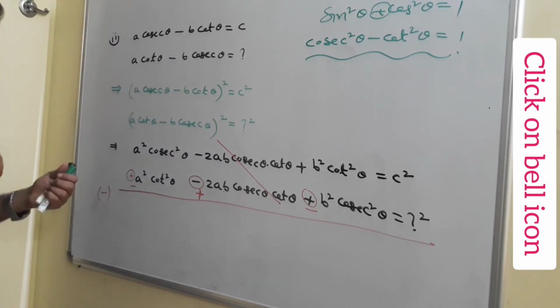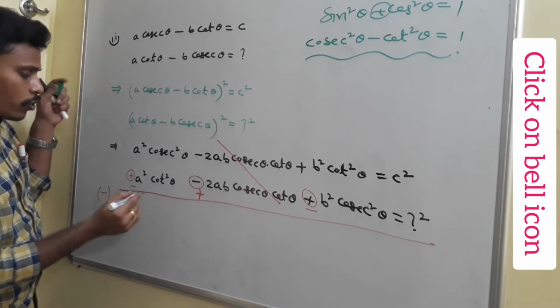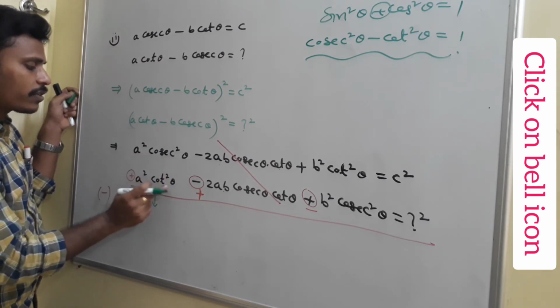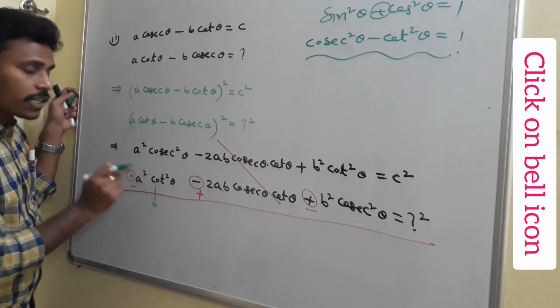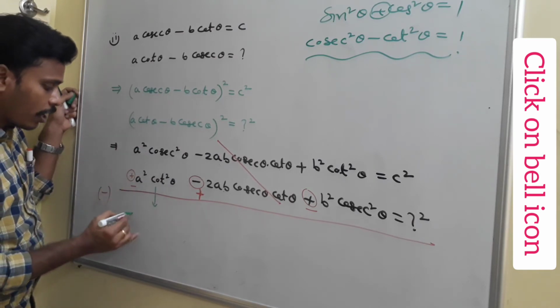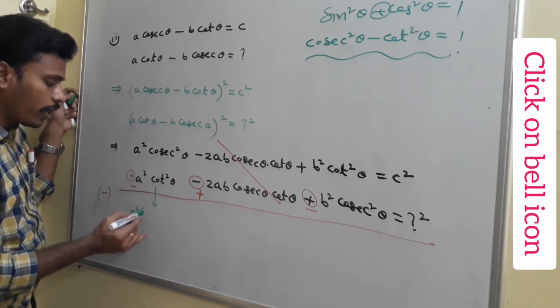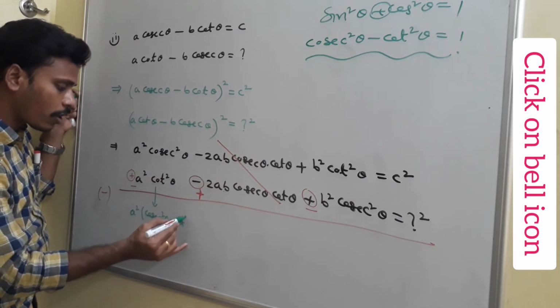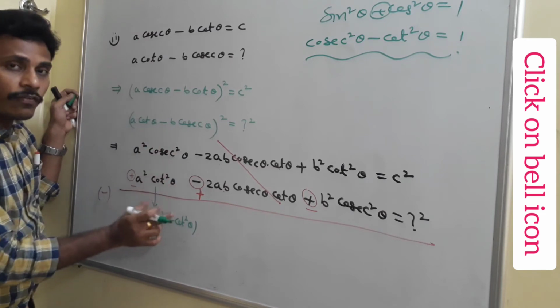And after the cancellation, what do we have here? Just look at this. A square cosecant square theta, and this is a square cot square theta. A square is common, and we have a minus sign along with this. So if you take a square common, cosecant square theta minus cot square theta is the result of the first term.